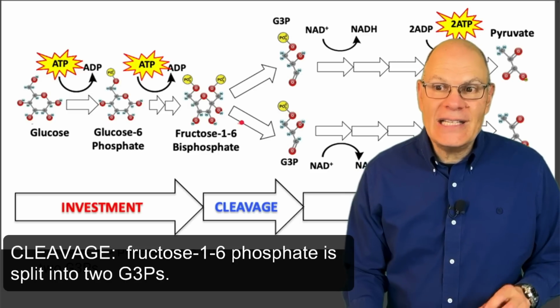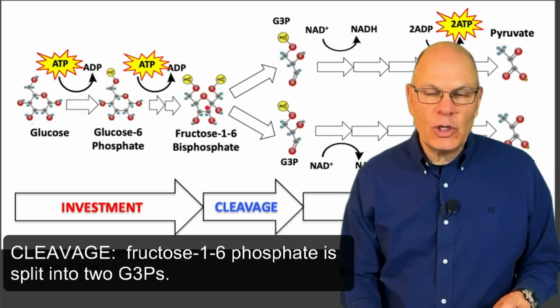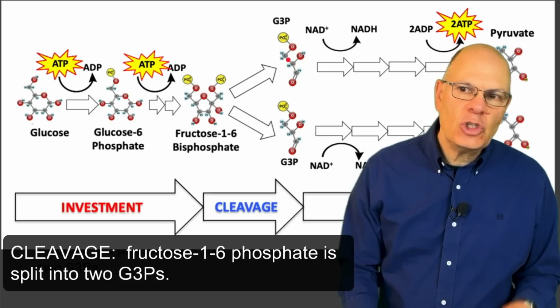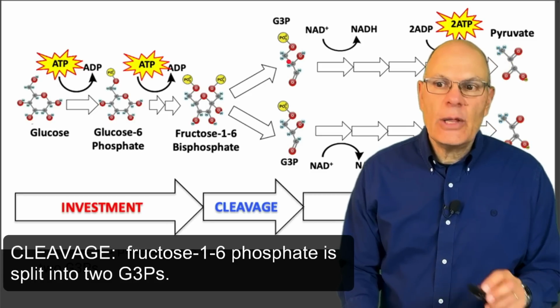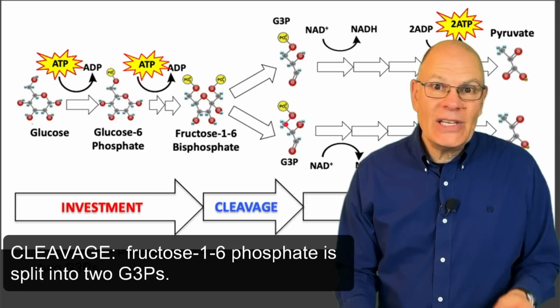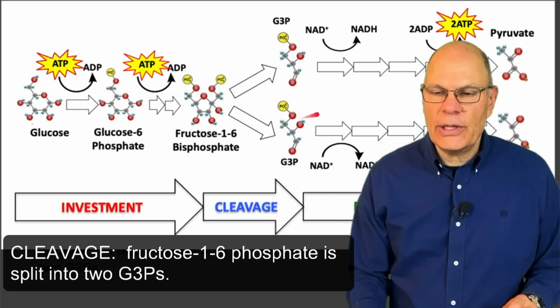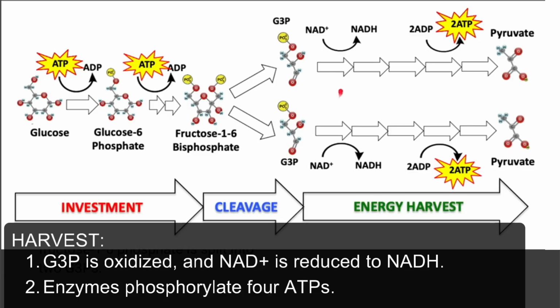And that goes into the next phase where enzymes take fructose 1,6-bisphosphate loaded with energy and cleave it apart into 2 molecules of G3P. G3P is the same molecule that gets harvested from the Calvin cycle of photosynthesis. In the harvest phase, enzymes, again indicated by these arrows, do 2 things. They take G3P and they oxidize it.